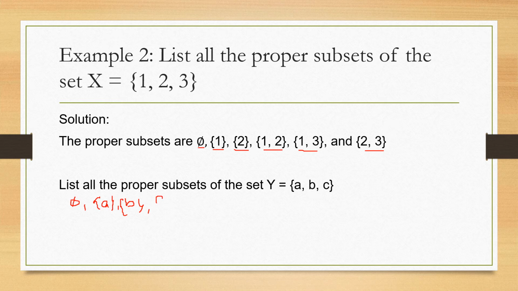We can write AB, and then AC, and what else? B and C. So these are the proper subsets. Okay, get it?